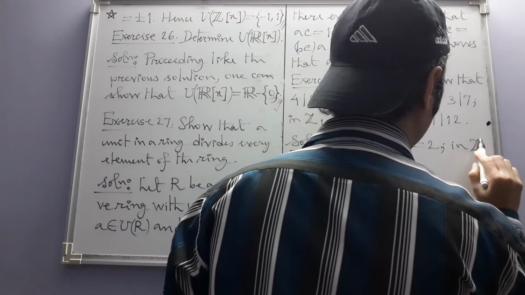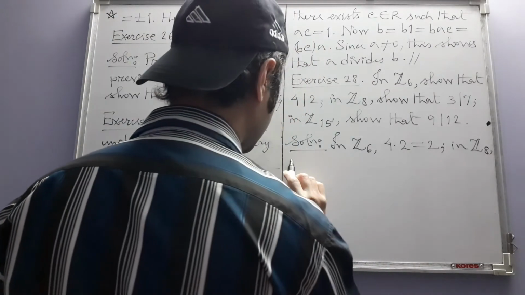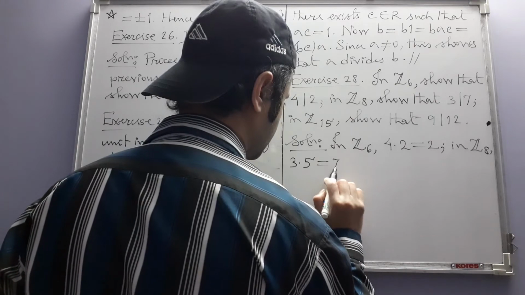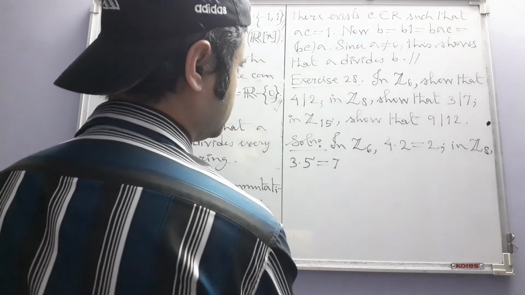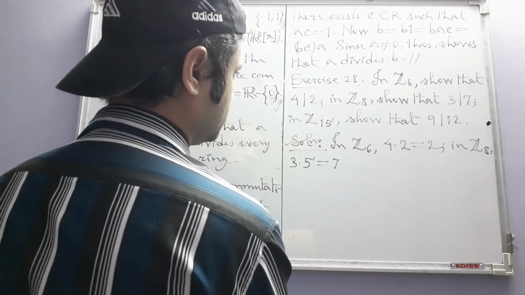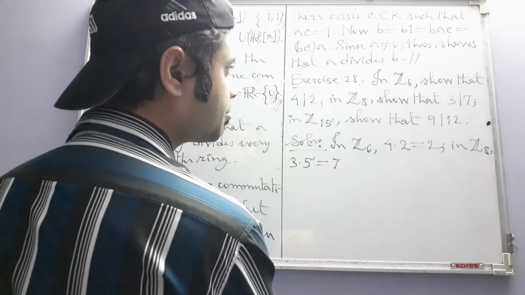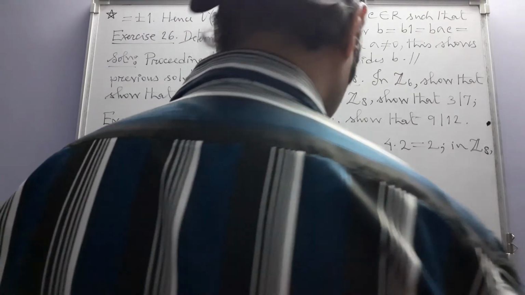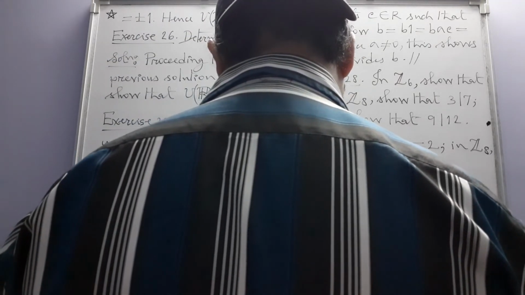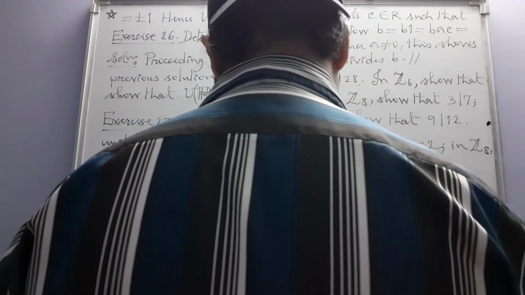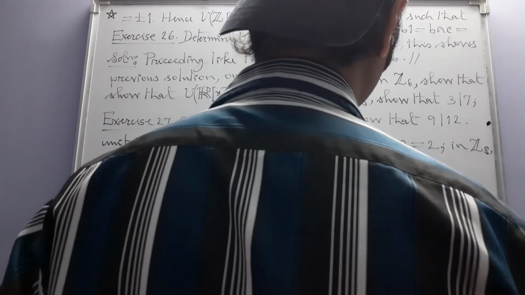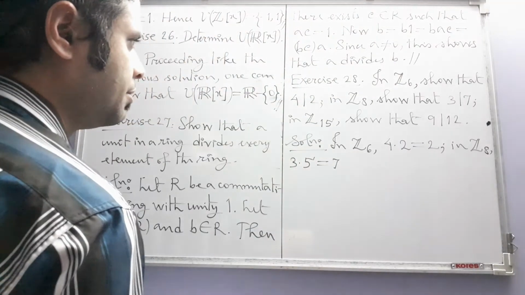In Z8, 3 times 5 is equal to 7, because 8 plus 7 is 15. No, wait, what? In Z8, okay, I think I have mixed things up.